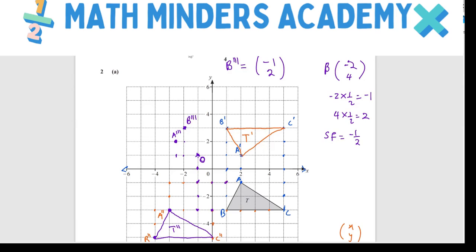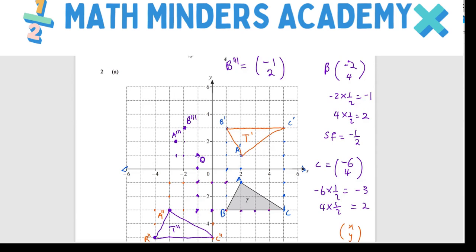So for C, now let's look at the vector that is going to move C. C is 1, 2, 3, 4, 5, 6, so C is -6, and then we have 1, 2, 3, 4. We have 4. So multiply -6 by half, that gives us -3. Multiply 4 by half, that gives us 2.